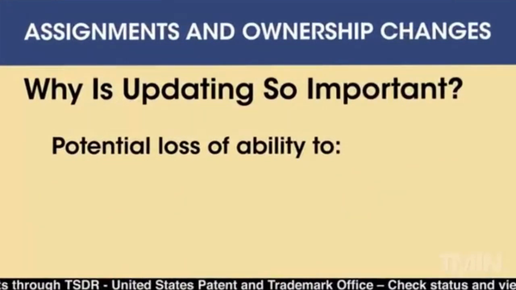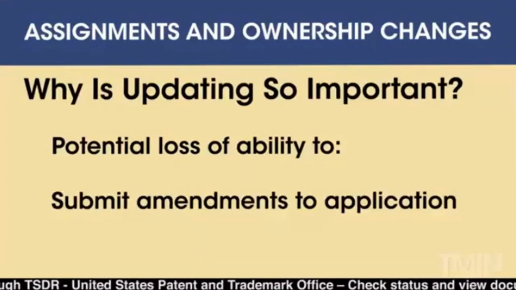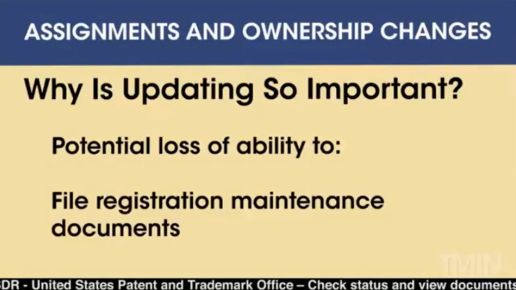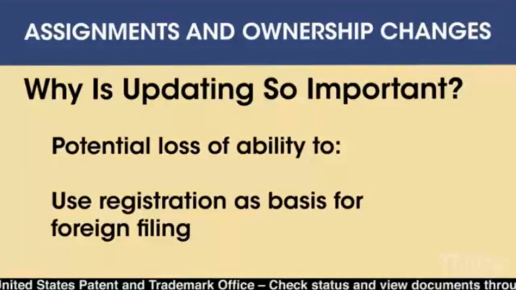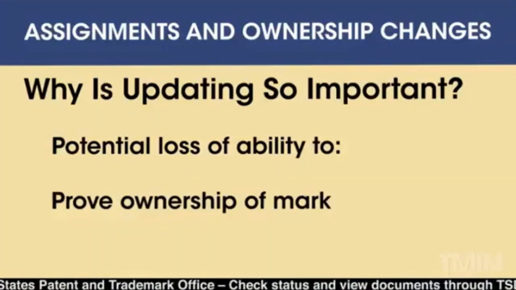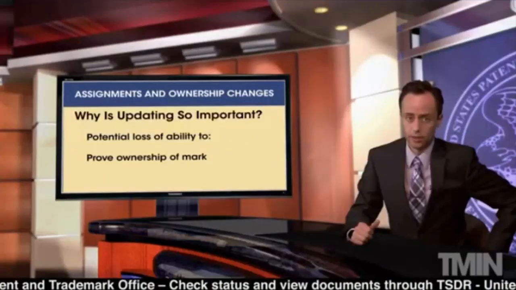You might lose the ability to timely respond to those notices and submit amendments to your application. Once your mark is registered, you might lose the ability to file necessary registration maintenance documents, use the registration as a basis for filing a foreign trademark application, and most importantly, you might lose the ability to prove to infringing users in court that you are the true owner of the mark.